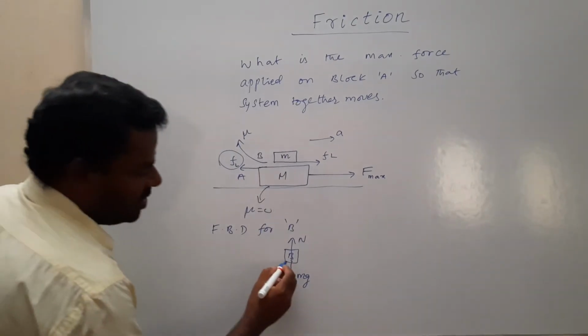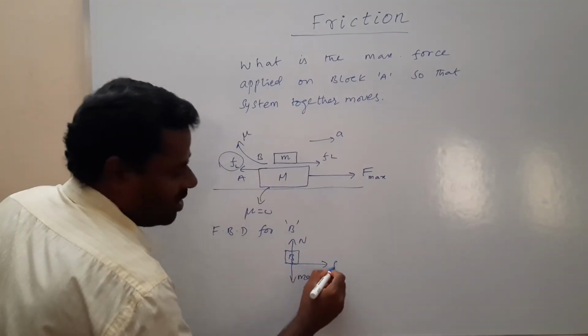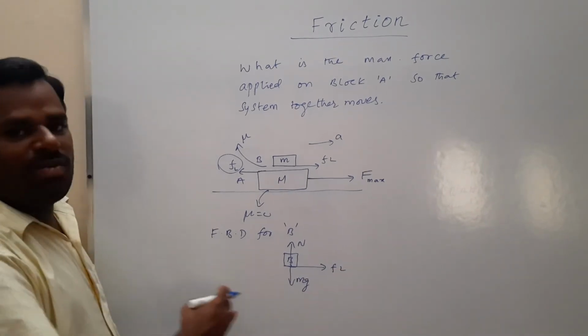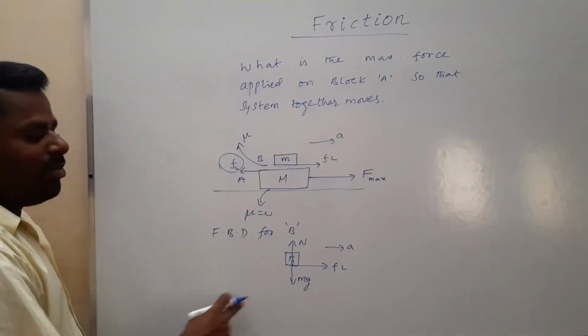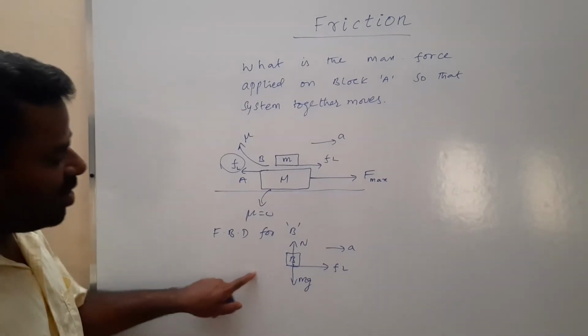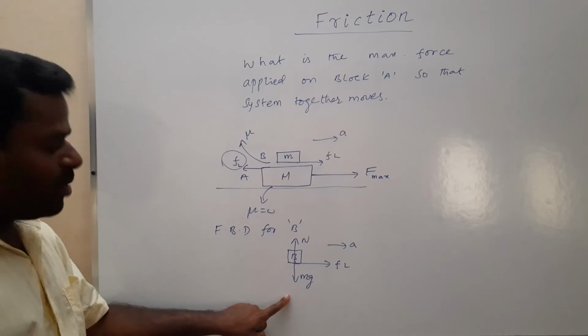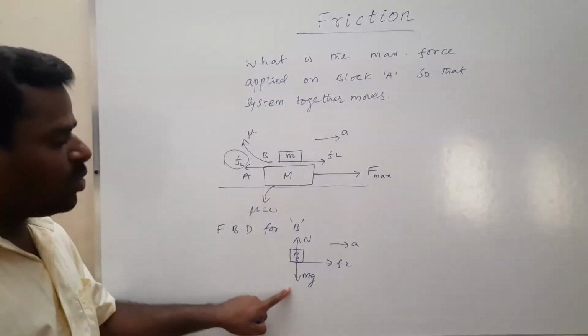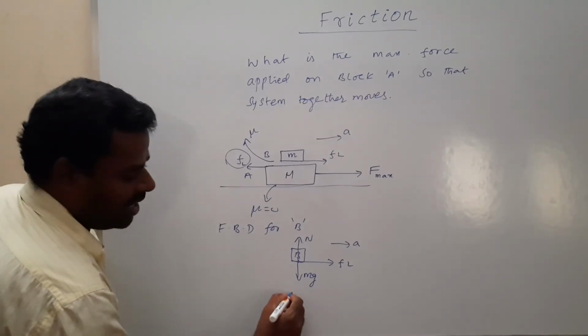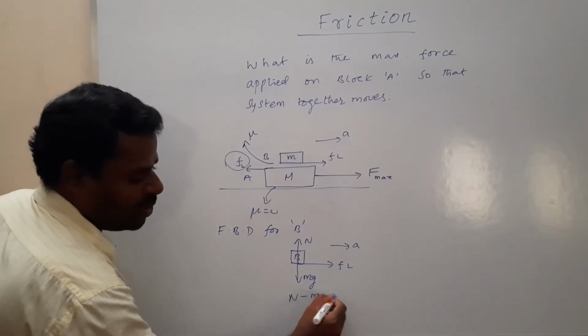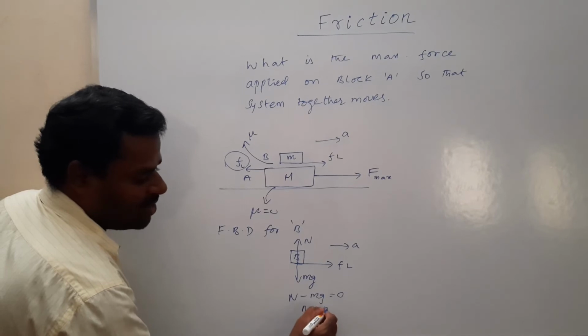Here the limiting friction on block B acts in the positive x direction, and the acceleration is a. Now we can get two equations by taking translational motion along the x-axis and y-axis. In the y-axis no motion is there, so the net force in the y-axis is 0. So N minus mg is equal to 0, so N is equal to mg.